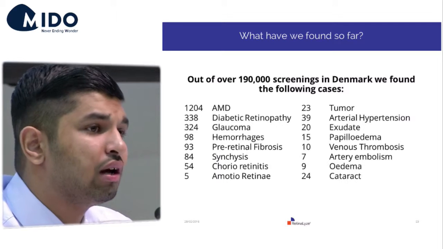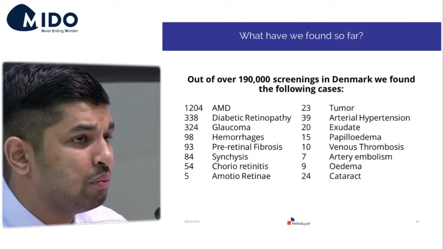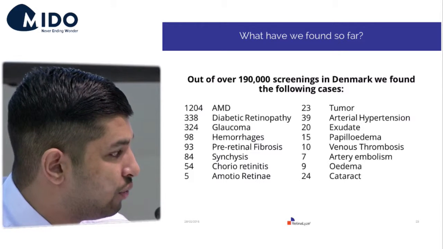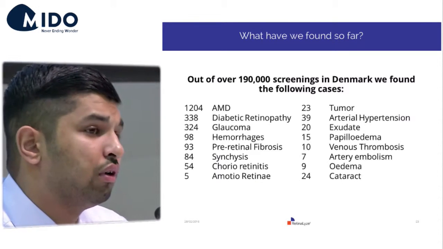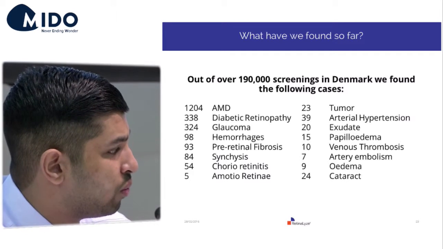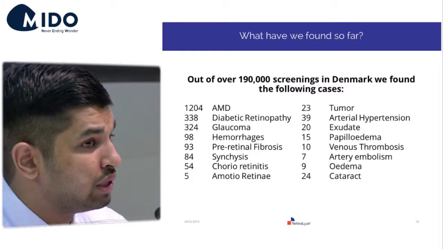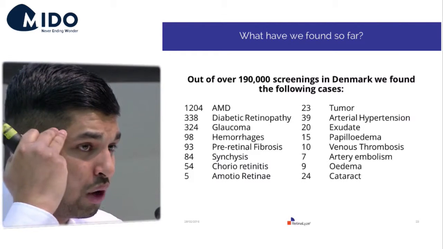Out of 190,000 screenings, we've found 1,200 cases of macular degeneration, 340 cases of diabetic retinopathy, and even cases of glaucoma, hemorrhages. Some of the most serious cases are tumors, either in the brain or in the eye.